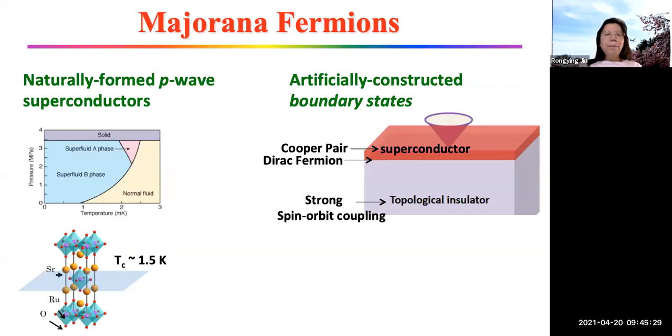The only other promising solid material is shown here at the bottom left corner, namely strontium 2, ruthenium, oxygen 4. And that has superconductivity below 1.5 Kelvin. I started to pay attention when I was a postdoc more than 20 years ago, because that was my major project.